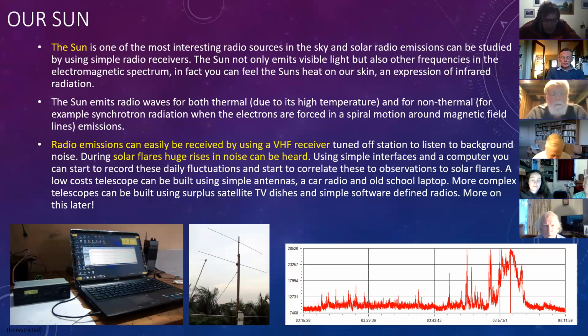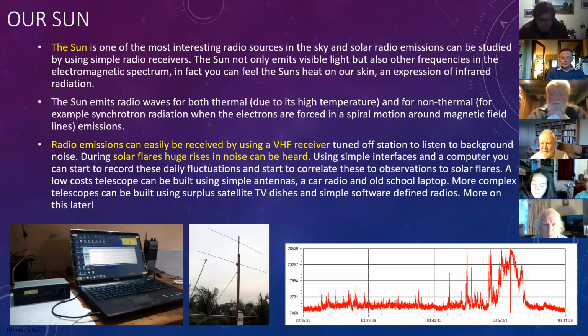When it's quiet, you can see on that diagram on the right-hand side, which is from a piece of software called Radio SkyPipe, that the background noise is at a general level, but then there are these little spikes, which could be small solar flares, could also be interference.